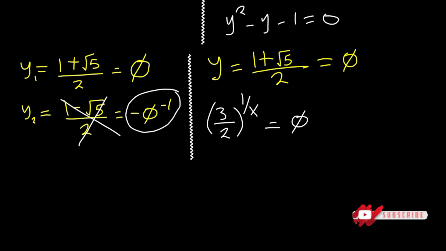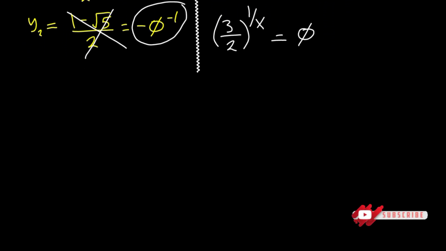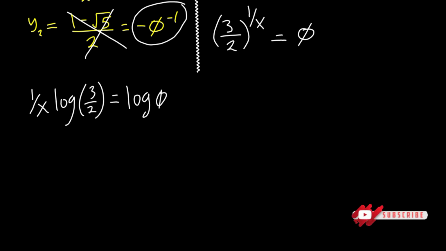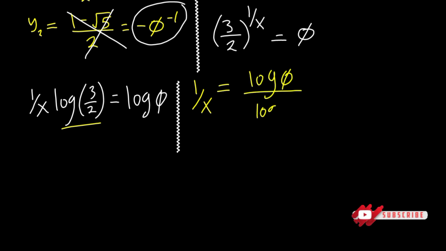And now when we take logarithm of both sides, we'll find out that 1 over x log 3 over 2 equals log of phi. Then when we divide both sides by this, we find out that 1 over x equals log of phi divided by log 3 over 2.